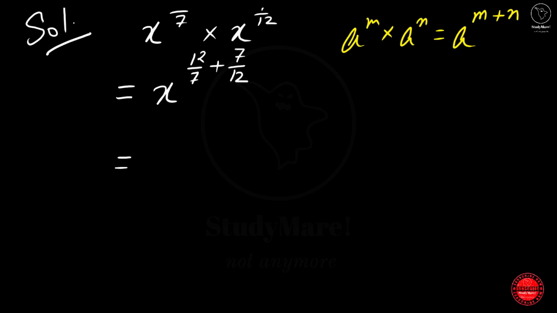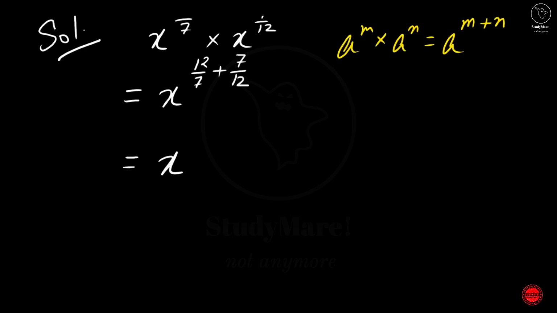Simplifying it further, we get x to the power. Here the LCM of 7 and 12 is 84. 7 12s are 84. 12 into 12 we get 144. Plus 12 7s are 84. So 7 into 7 we get 49.